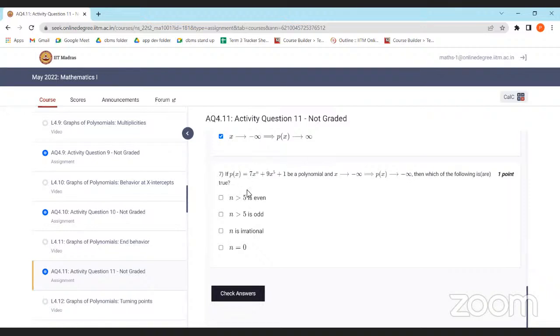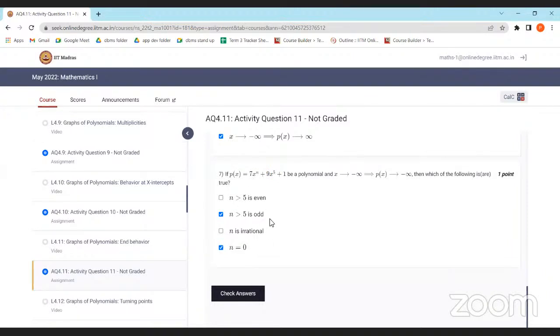Here a is greater than 0, so n should be odd. If you put n equal to 0, the highest degree will be 5, an odd function, so n can take 0 also.